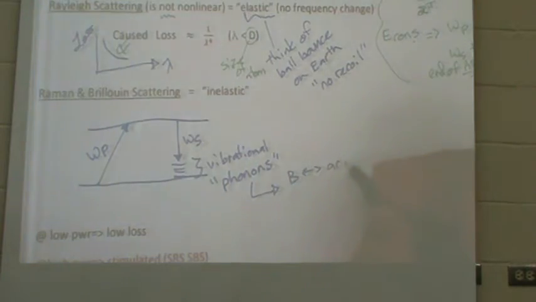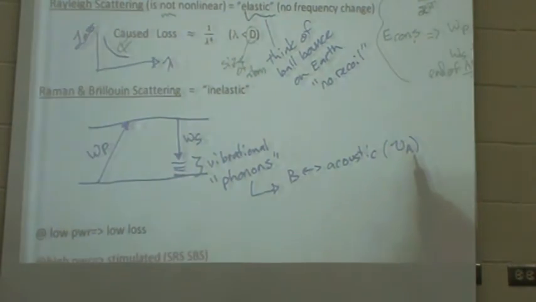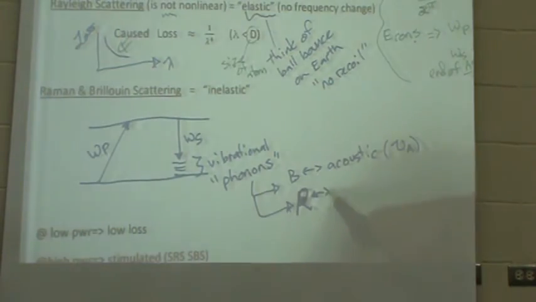These are acoustic. And being sound waves, these travel at the acoustic velocity, the speed of a sound wave. Okay? So one big difference between these two processes is that in the case of Raman scattering, with an R, these so-called phonons are called optical because they travel at the speed of light, c.